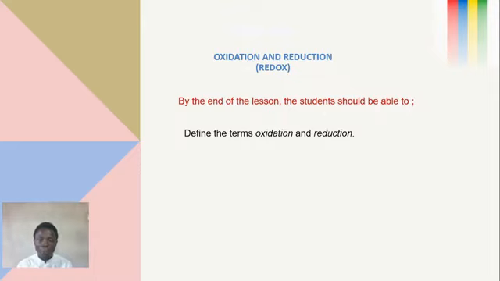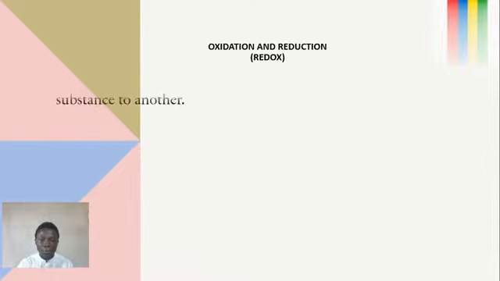Also, you should be able to identify reactants that may be identified as oxidizing agents, that is the one that is being reduced, and the reducing agent, that is the one that is being oxidized. Okay, good. So let's get down to class.